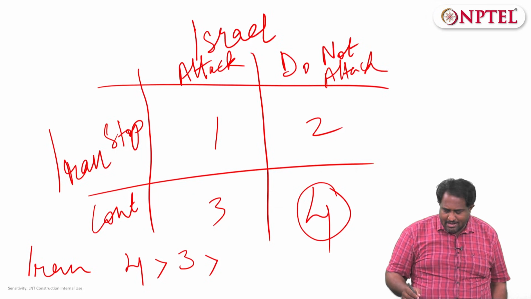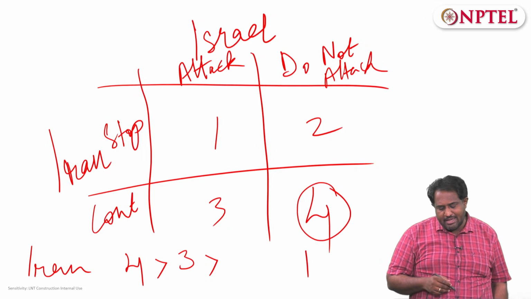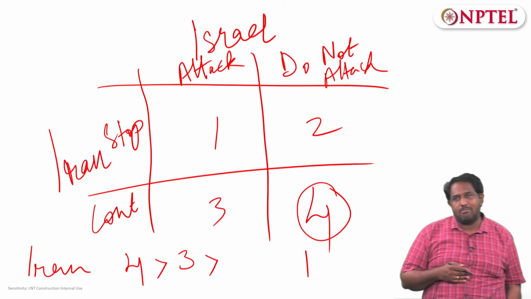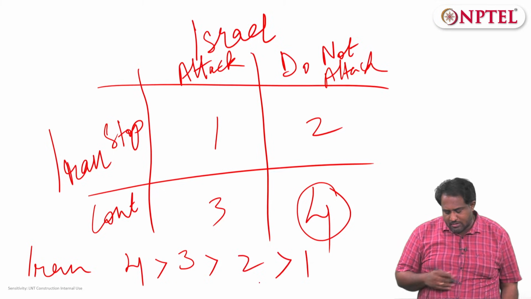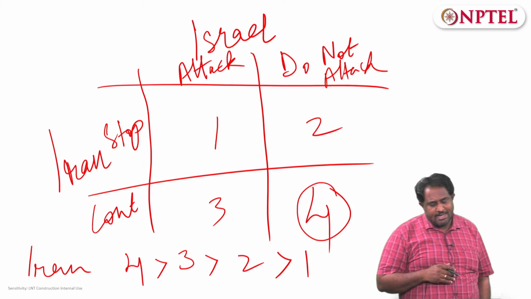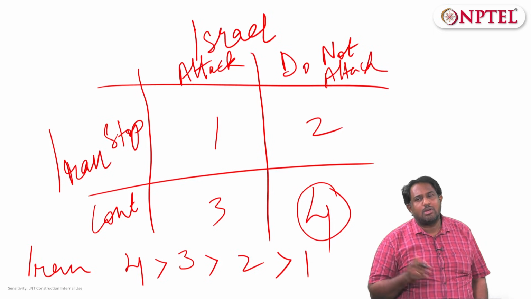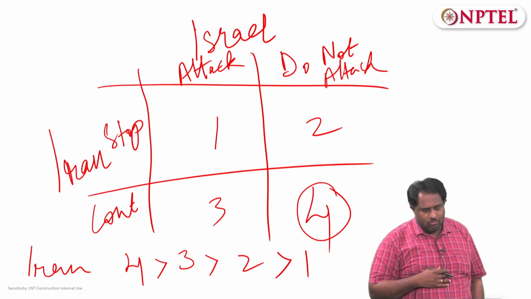So the least preferred outcome would be the option that it has to stop and gets attacked by Israel, and therefore we have some understanding of the preference ranking that Iran might have, that it chooses outcome 4 over outcome 3 over outcome 2 and outcome 1.